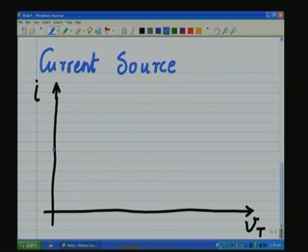So, whatever may be the terminal voltage, which is the load for the current source, the current value will be a constant at some value, say I naught.